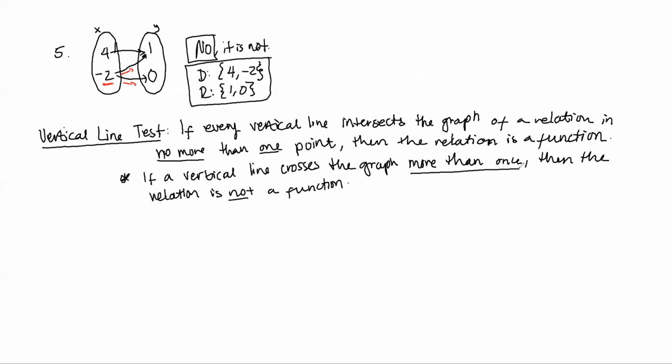So what they did was they said that something is a function if the vertical line intersects the graph at no more than 1 point. So it can only cross the graph at 1 point.